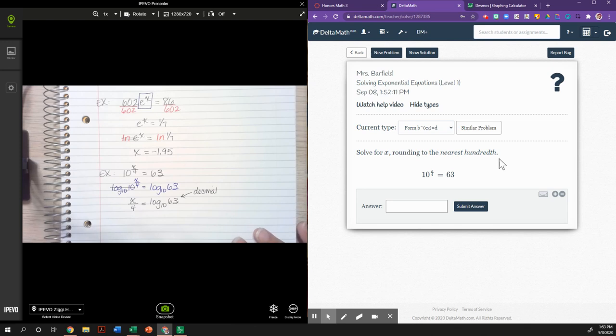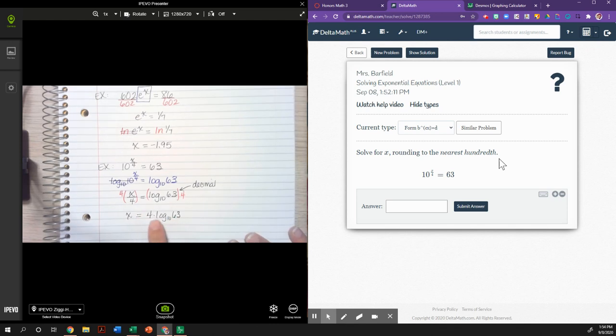I want to round at the last step. So I'm going to multiply both sides by 4. So that means I get x equals 4 times log base 10 of 63.